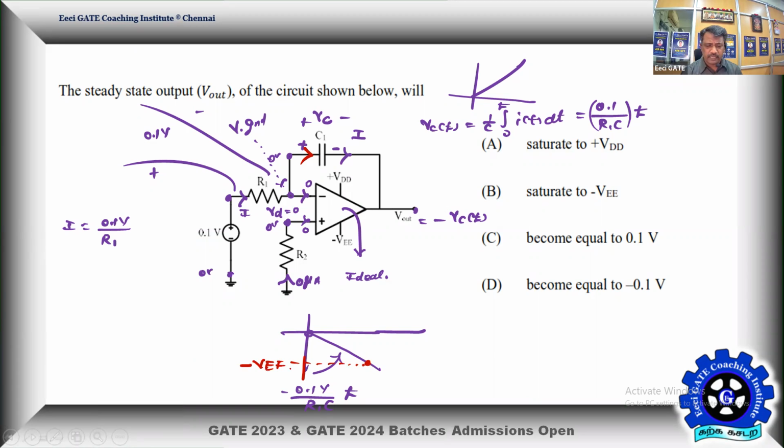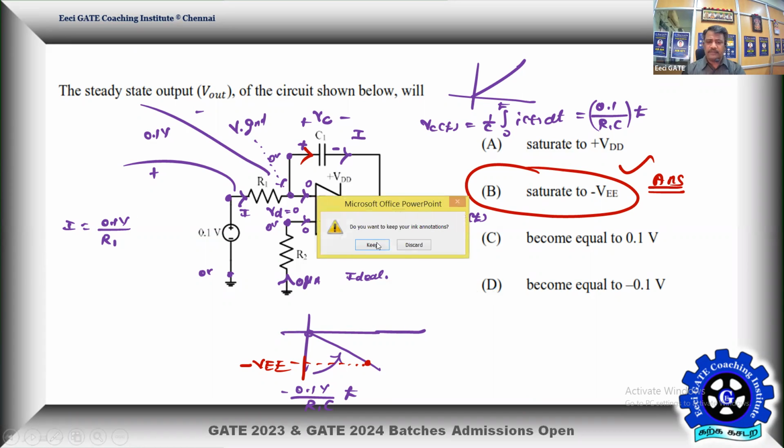That potential is marked as minus VEE. Therefore, the best possible answer for this problem is that the op amp can be driven to saturation, assuming an ideal op amp. So that is the answer. That is the best possible answer for this problem, but still we can think in another direction, because the op amp is not mentioned as an ideal op amp.